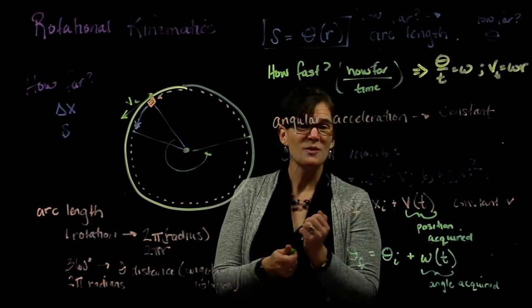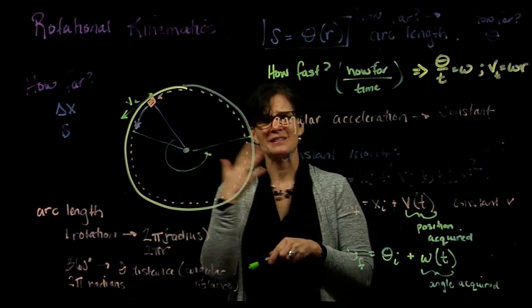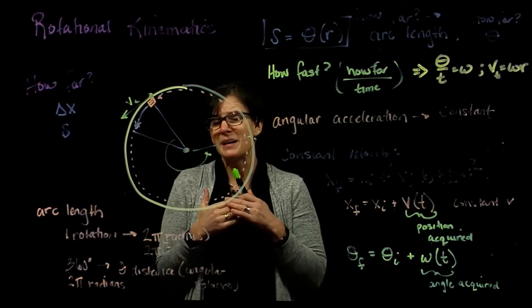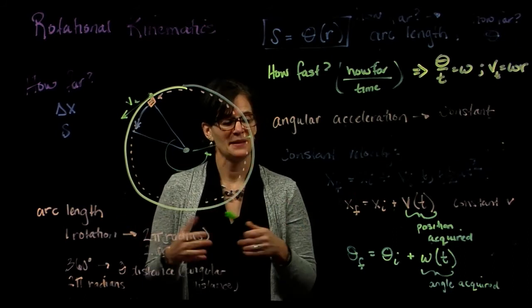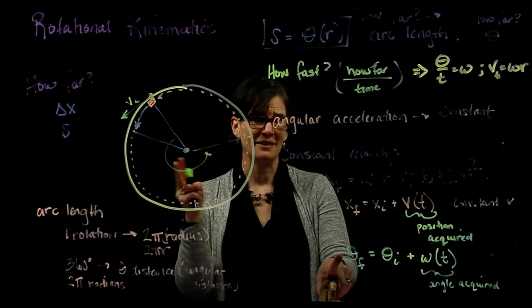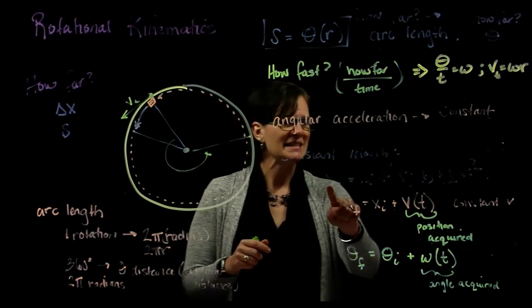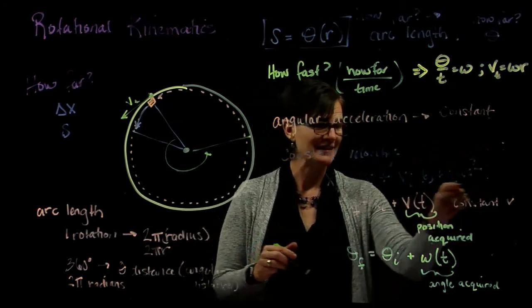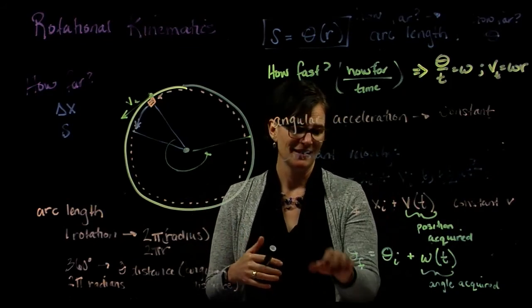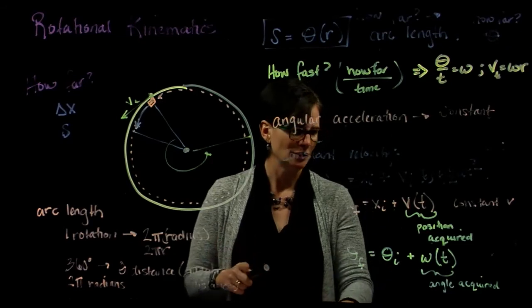As it turns out, all the equations that work translationally that we developed work in the angular world in a one-to-one parallel. So this was the second one. We got the acceleration one. And we can also translate this longer, more powerful equation for position into the angular world.